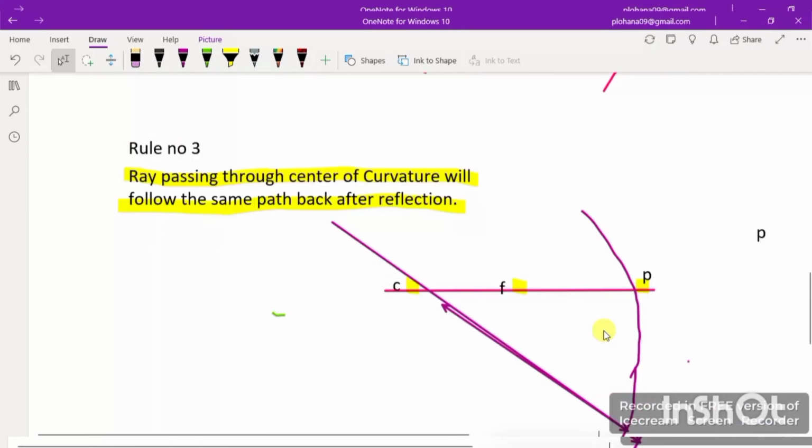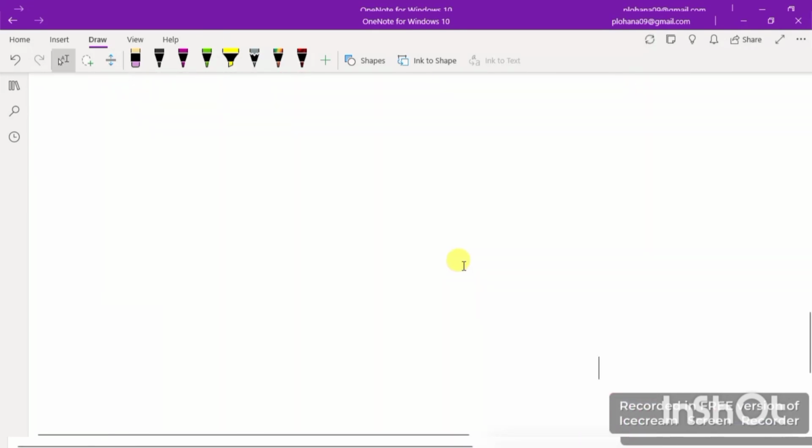Now we are going to study rule number 4, which is the last rule for forming an image on the concave mirror, right? I'm writing here.